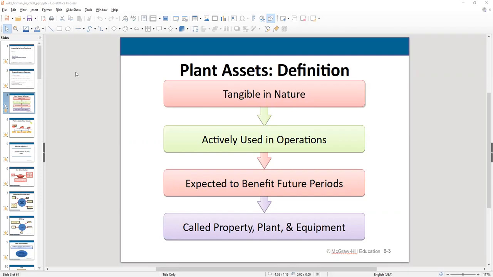These are all examples of long-term assets. And so we're going to be learning how to deal with these, not only in transactions, but also in doing adjusting entries at the end of the year.